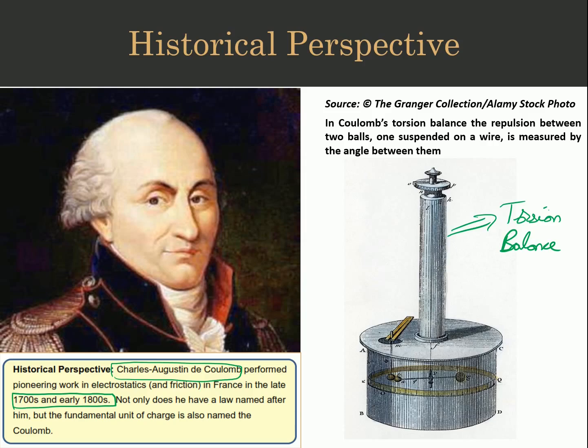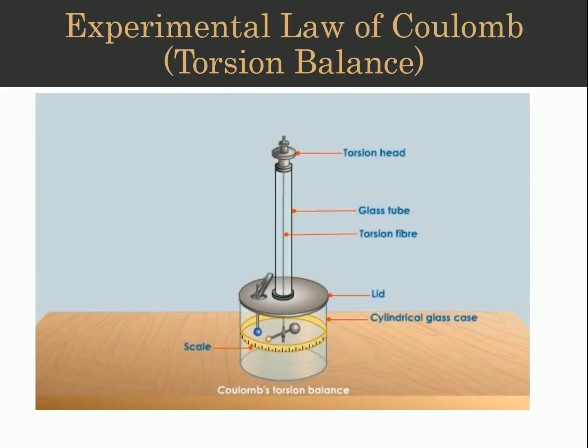Through his experiment, he verified that forces of attraction and repulsion exist, and this is how the experiment was performed. Basically, Coulomb took this apparatus and called it a torsion balance. What was the experimental setup? It had a torsion head which was movable, or could rotate 360 degrees.